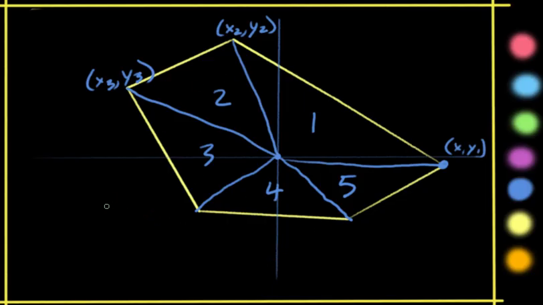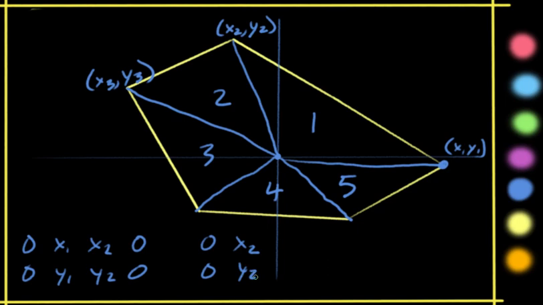But let's see what happens when we write that all out. So for the first triangle, we'll have 0, 0, x1, y1, x2, y2, 0, 0. Okay? And then for the next triangle, we'll have 0, 0, x2, y2, x3, y3, and 0, 0.